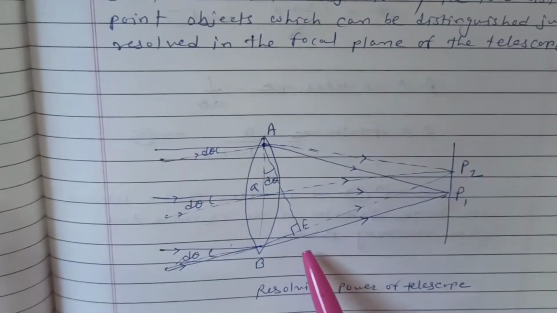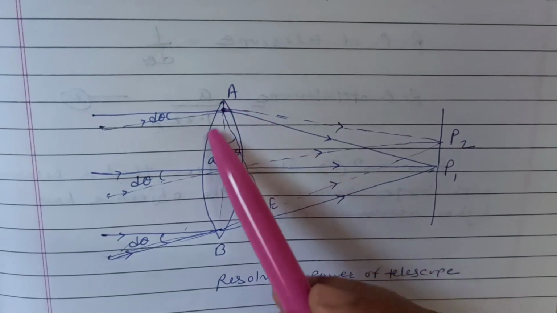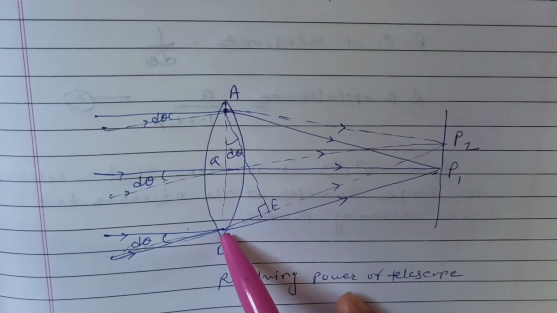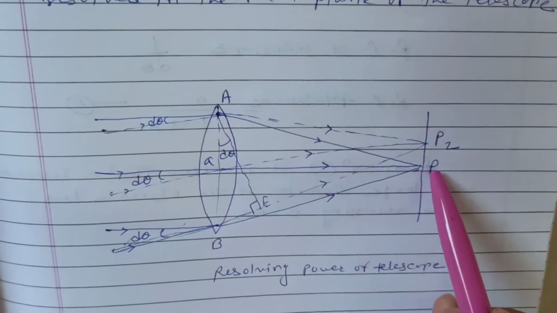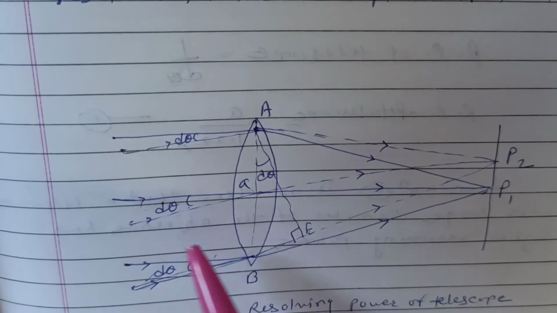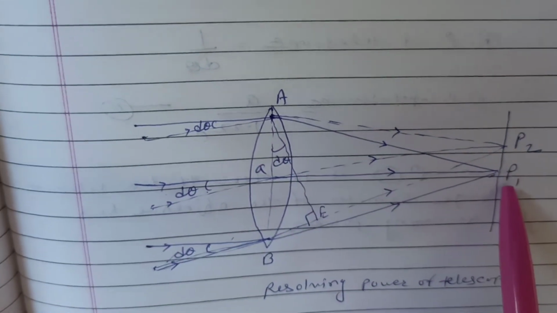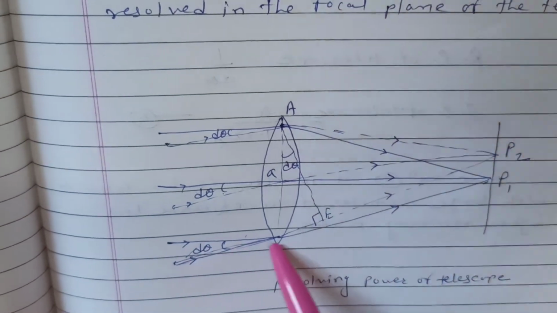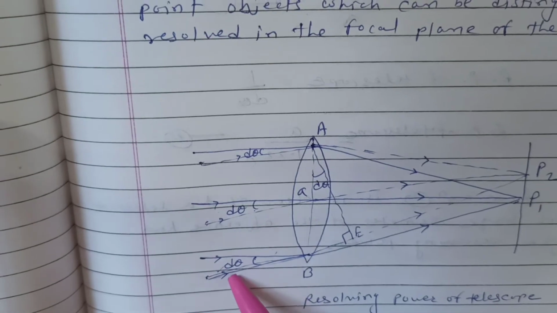Here is the diagram of the resolving power of a telescope. In this case, AB is the objective lens. P1 and P2 are the images formed due to the distant objects. The first ray meets here, and we get the image at P1. This is the first point and this is the second point.